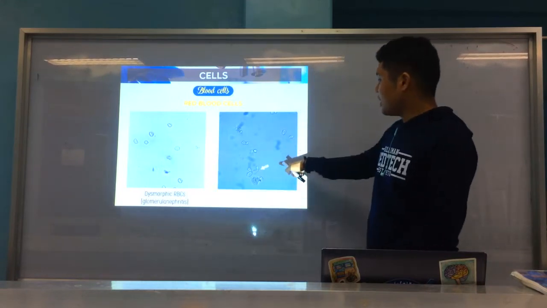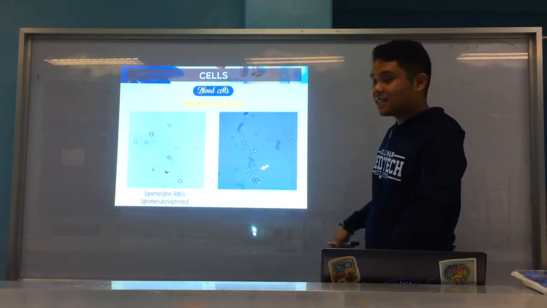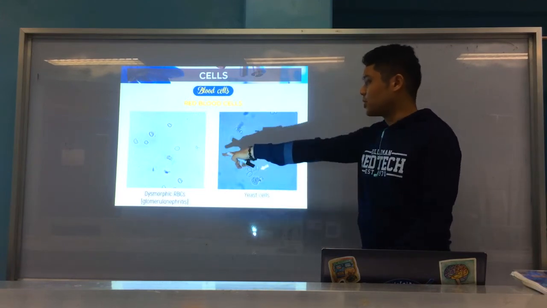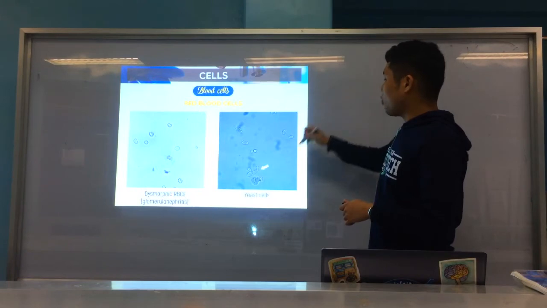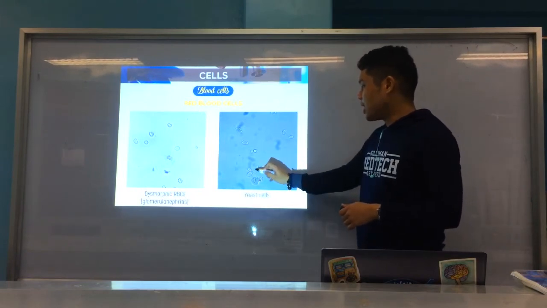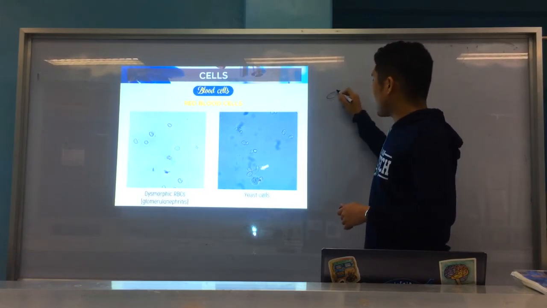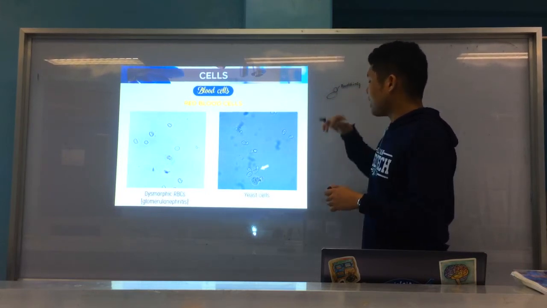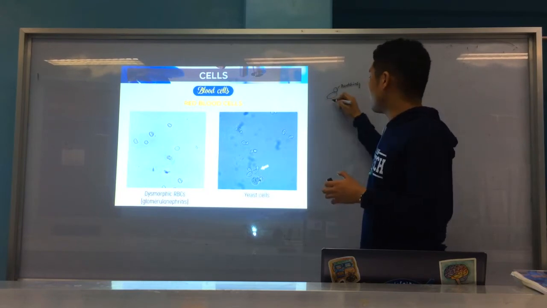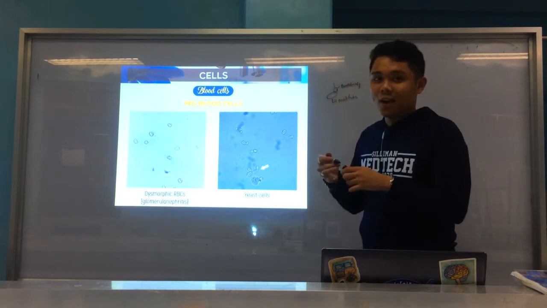Okay? And this is an example of a yeast cell. So, it is somewhat similar to RBCs. But as you can see, guys, your yeast cells are in a way connected to each other. For example, this is a yeast with a small protrusion. This is what we call a budding yeast, meaning a yeast that is growing. This is the mother, and this is its daughter cell, okay?